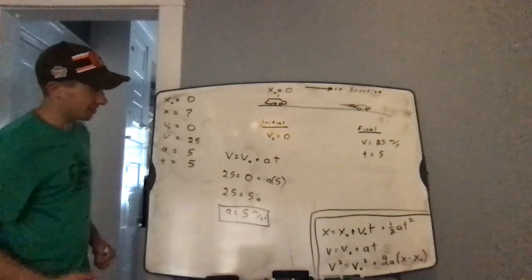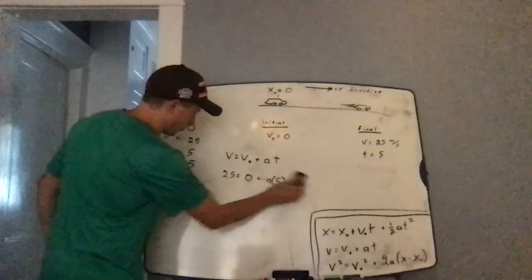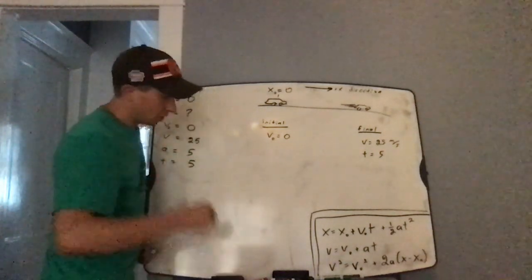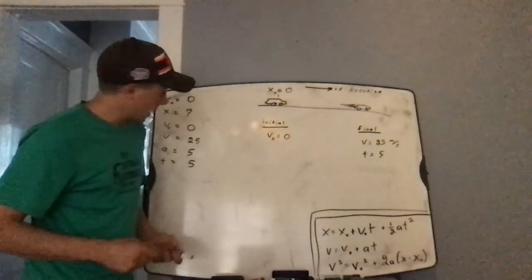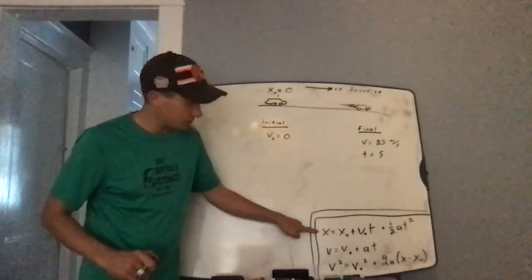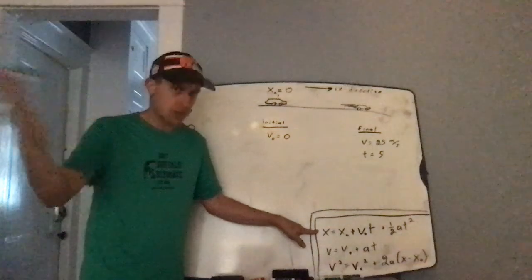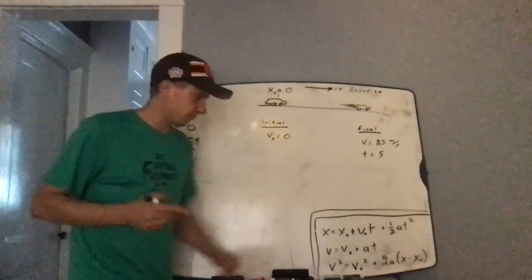It just is a coincidence based on what was given in the problem. So how far has the car traveled? Really, either equation would work. So I'm going to choose to use this second equation here. If we want, we could use the first equation. The first equation might even be a bit easier, but it really does not matter.